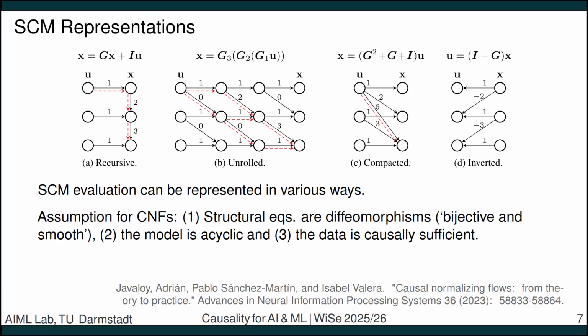And under this diffeomorphism assumption, we can also invert this transformation. And this property is what we will use in normalizing flows.